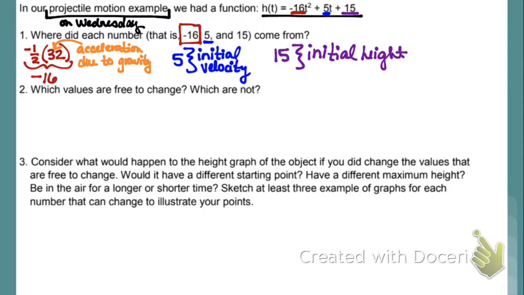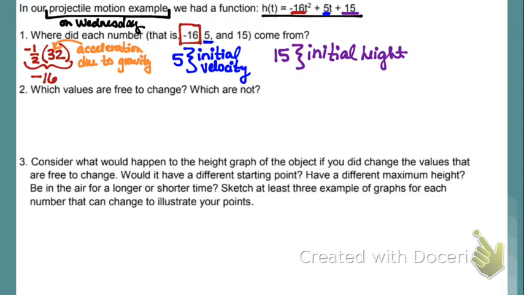So considering the fact that nobody in this room is an astronaut, I'm not either, I'm not planning to be in the future, so we're staying on Earth. Which of those values, the -16, the 5, the 15, which of those can change? Assuming that I'm staying on Earth, which of those values are free to change?